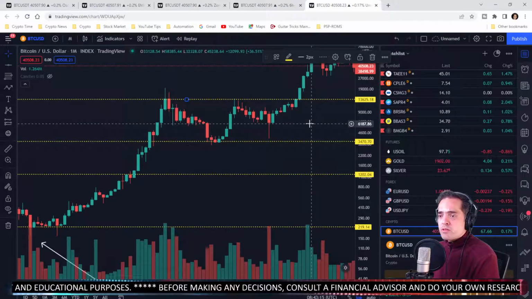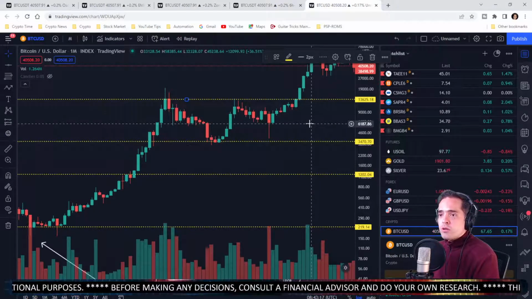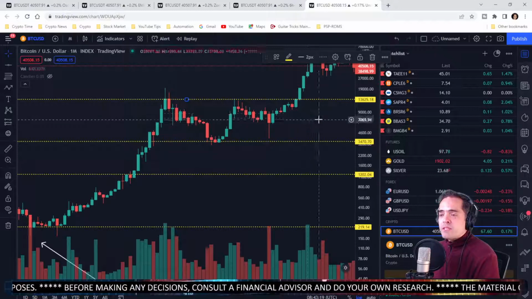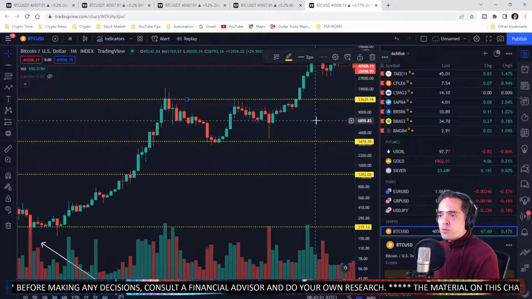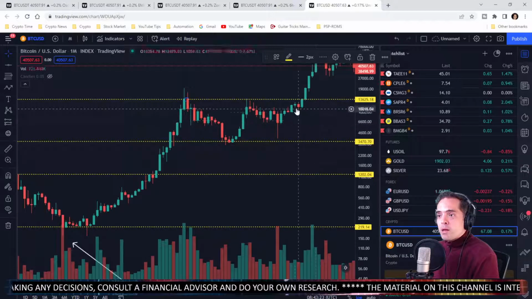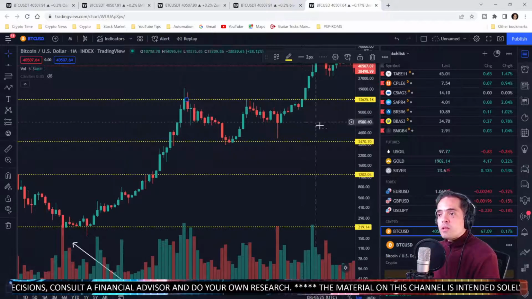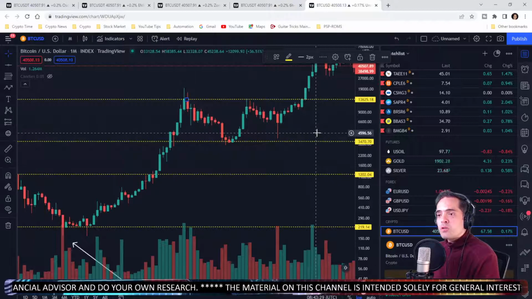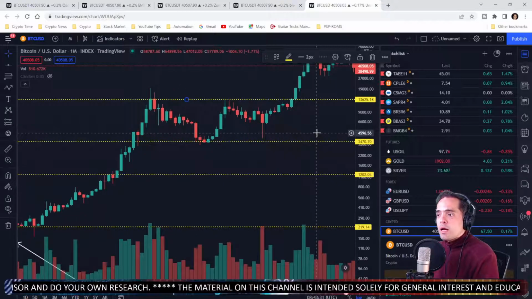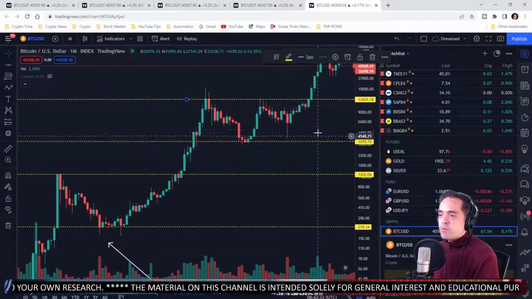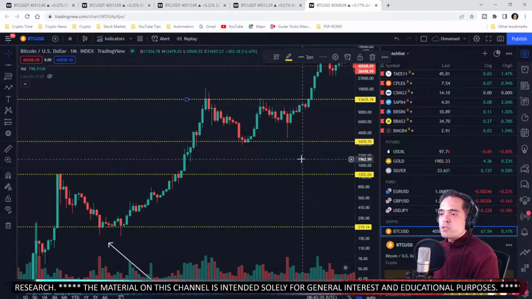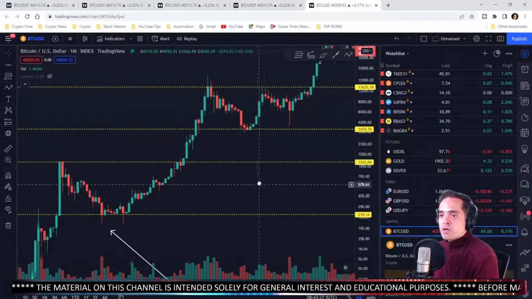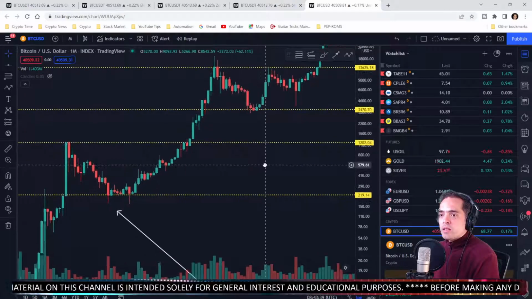Of course, we have different tools to properly identify support and resistance zones, but just with these very basic concepts, you'll be able to draw those lines and know the more likely where the price is gonna go in the future, and we're gonna talk about that in a while.